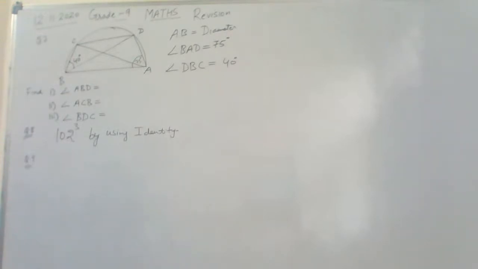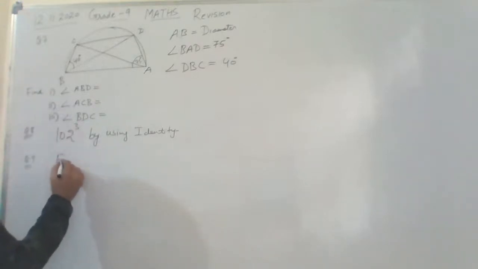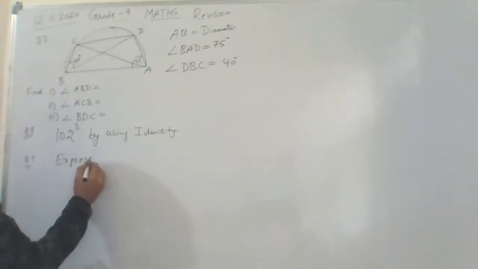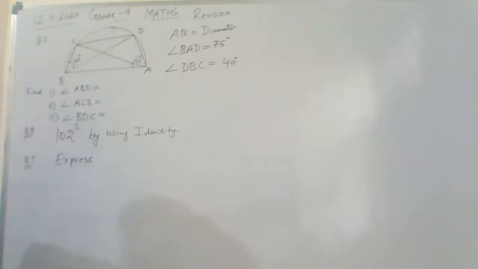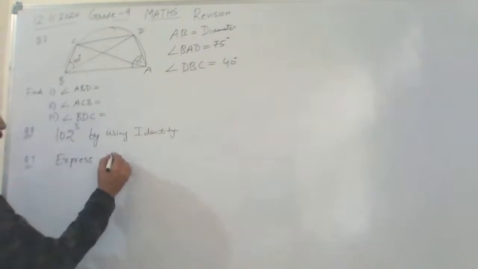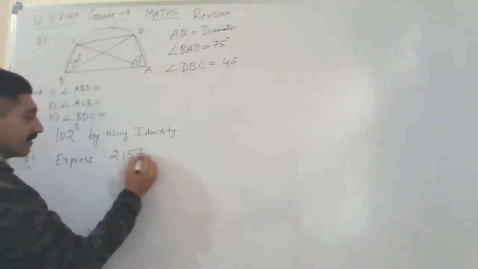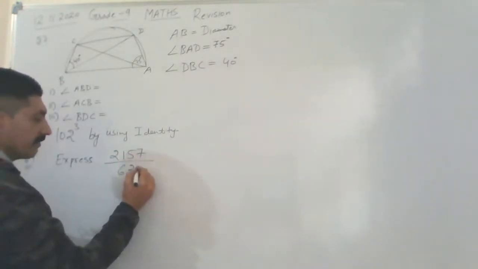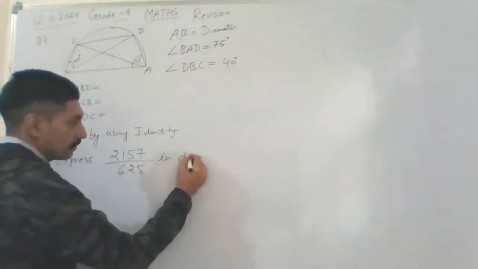Write, express in the decimal form. Express, 1 mark question. The number here is 2157 divided by 625 in decimal form.